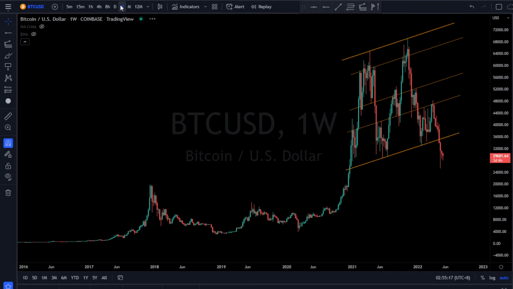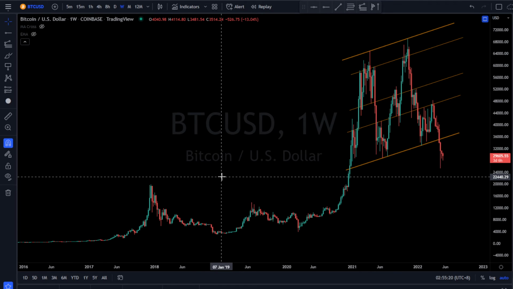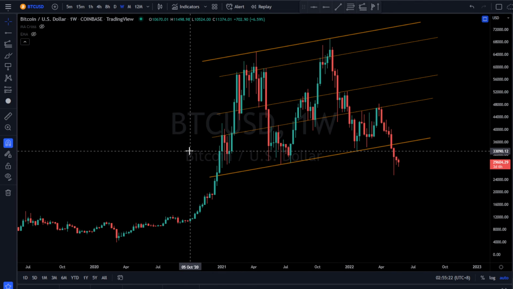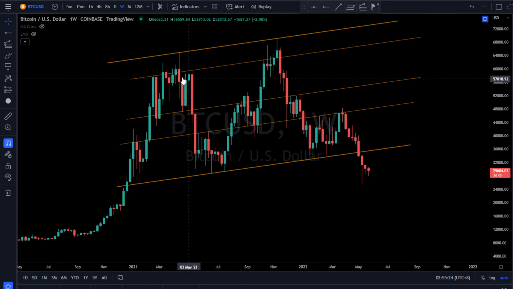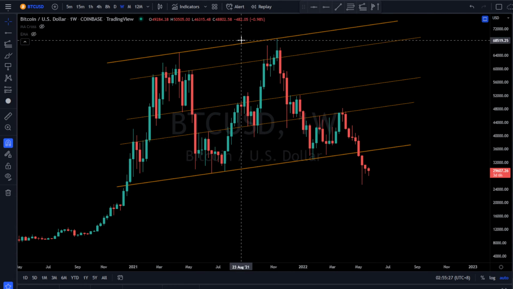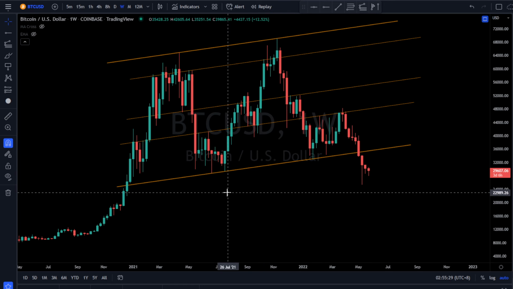Okay, so similarly on all time frames, so we start with the weekly chart. This is on Bitcoin itself. You can see that there's a very huge channel over here.